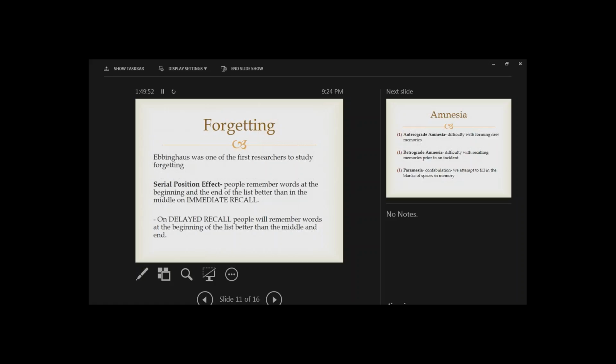If you've ever written a list for groceries and then forgotten the list at home, that would be delayed recall. If it was right away, I'll remember the things at the beginning and the end of the list equally and the middle last.